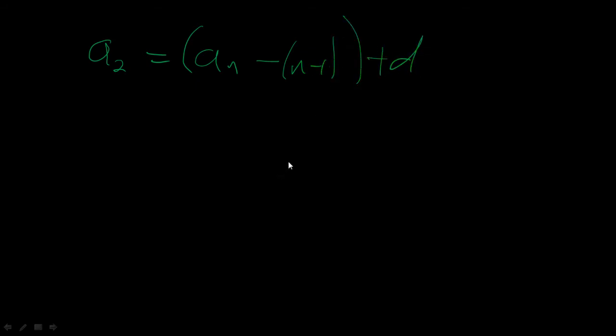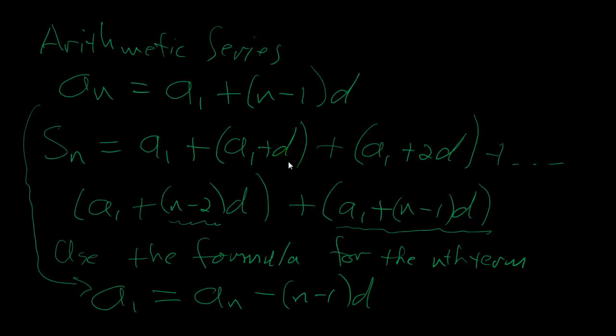If we then continue this process, we can similarly determine a2. a2 is then equal to an minus n minus 1 times d, plus d. Why can I say this? We know that the common difference for an arithmetic sequence between the first and the second term, or between any consecutive terms, is given by d.